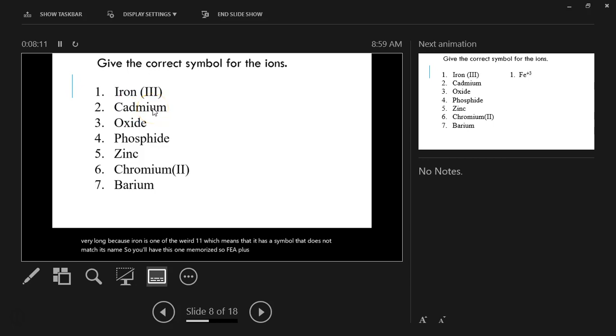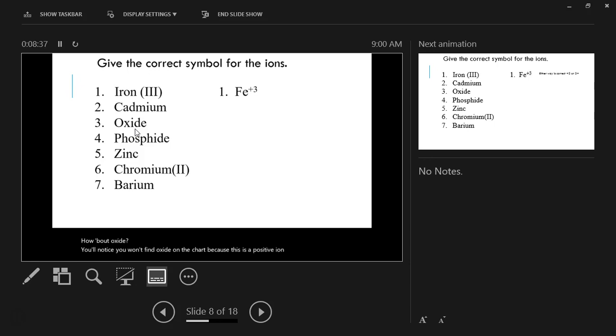How about cadmium? When you search for its square, you should find cadmium and see that over top of the Cd, there's only one charge listed there. It is a +2. How about oxide? You won't find oxide on the chart because it is a negative ion.